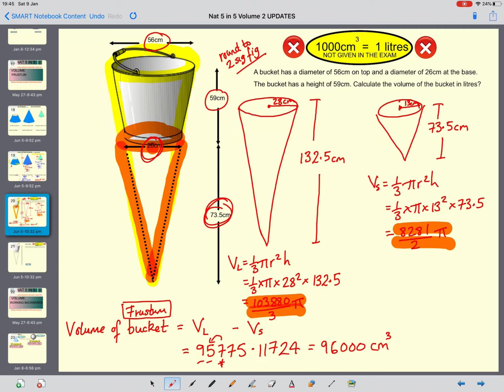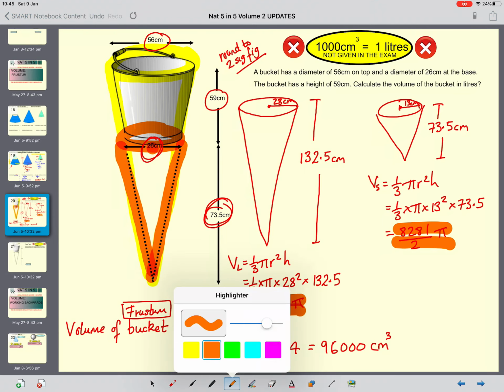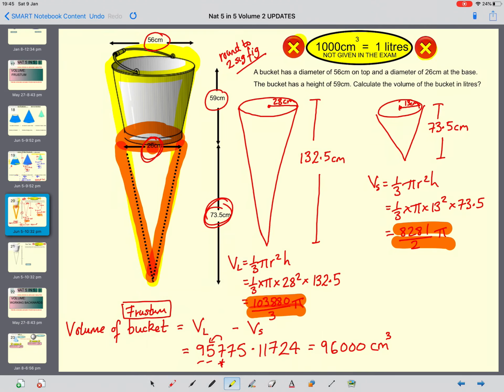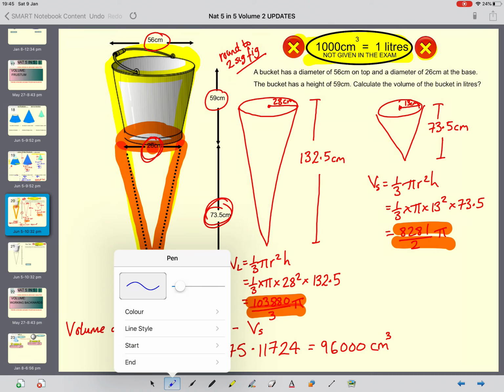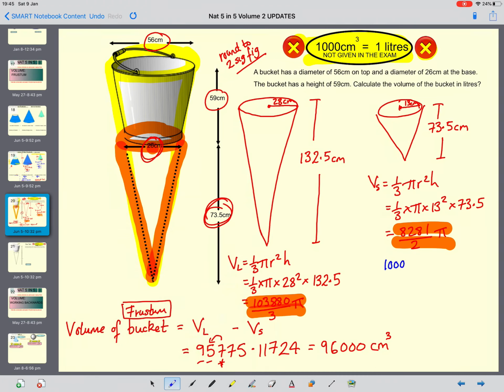Now we've got one more thing to do. It tells you up here, which is not given in the exam, that 1,000 centimetres cubed is the same as 1 litre. So 1,000 centimetres cubed is equal to 1 litre, which means 2,000 centimetres cubed is equal to 2 litres, which means 8,000 centimetres cubed must be equal to 8 litres.